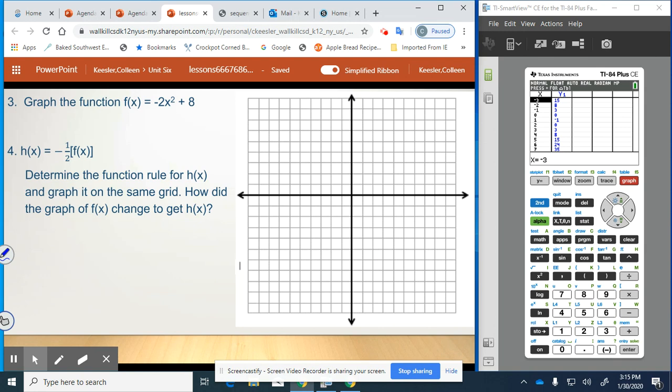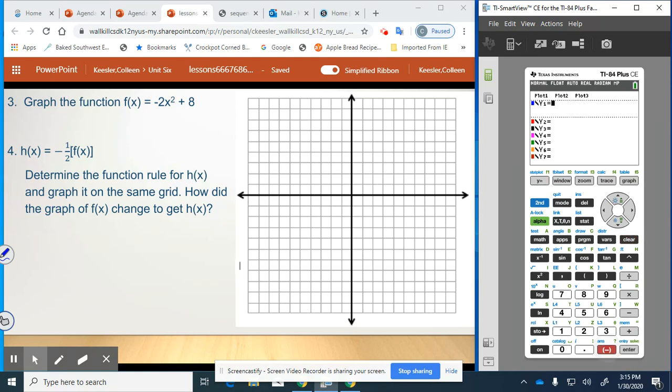Number 3. So now we have f of x equals -2x squared plus 8. So we're going to start with that. Pull up the table and look for the vertex, which is at 0, 8. So we have 0, 8 right here.